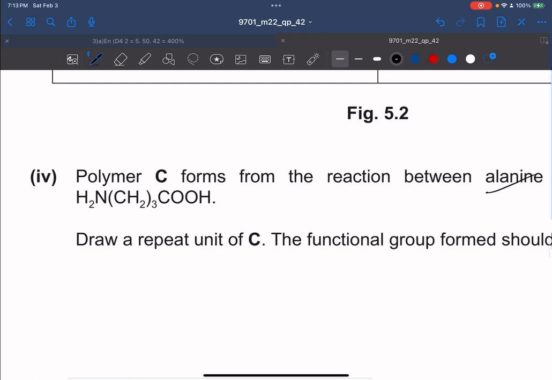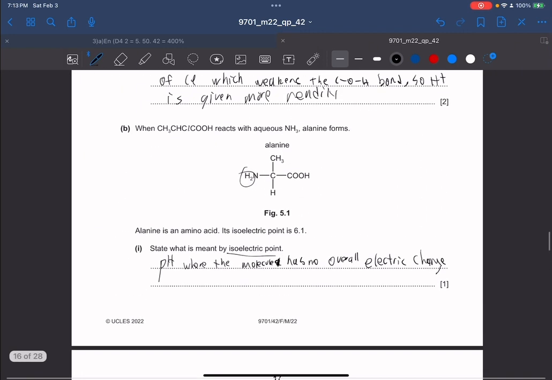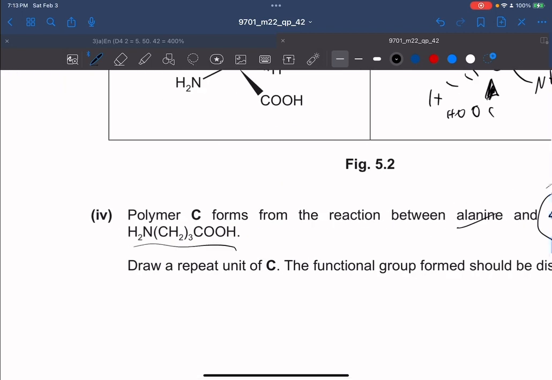There's amino butanoic acid and there's alanine. In terms of the strength of the acid, probably COOH here is going to be a stronger acid, I think. Yeah, it's probably going to be a stronger acid here because it has a longer alkyl chain. So probably you're going to see that this reacts more readily.